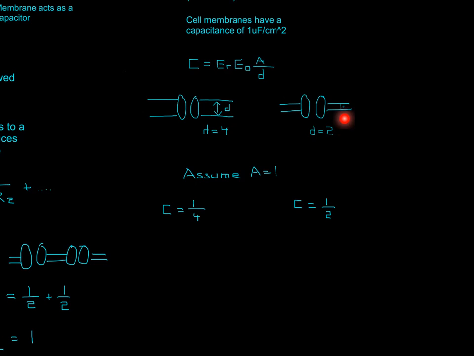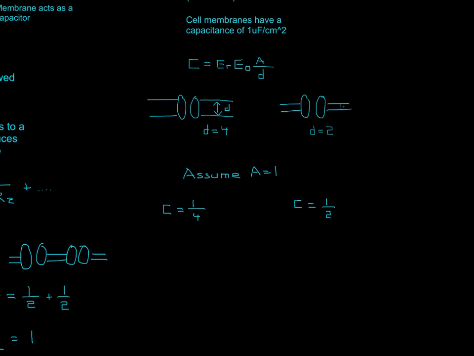Over here, if we have 2, we can add the distance into the formula, and so it becomes C equals 1 over 2. Notice how when the distance decreases, the capacitance increases, because 1/2 is bigger than 1 over 4. Therefore, the main takeaway is that as you decrease the distance, you actually increase the capacitance.